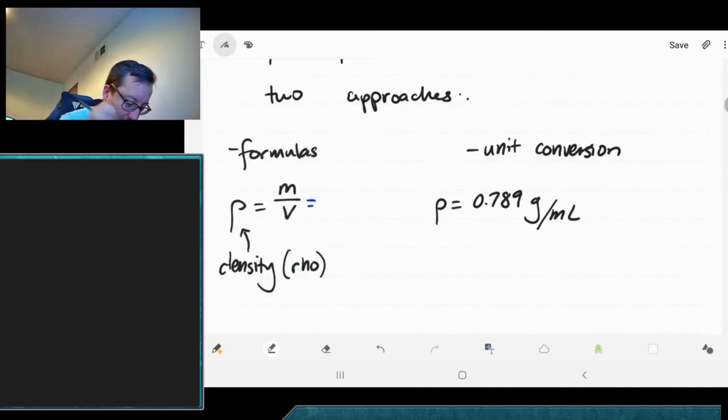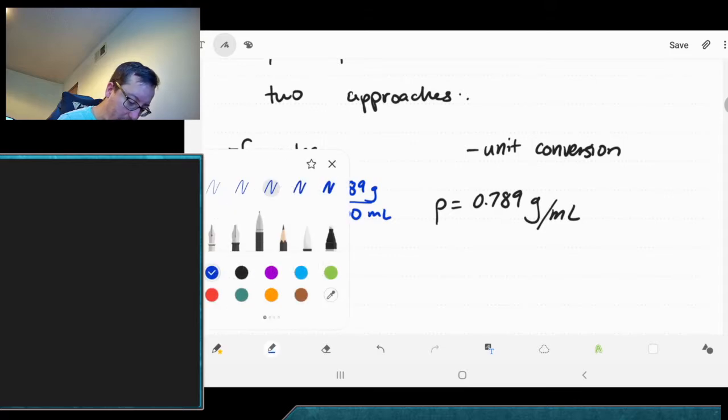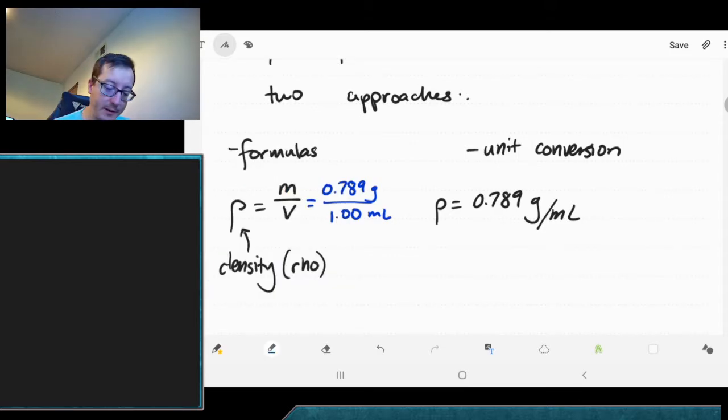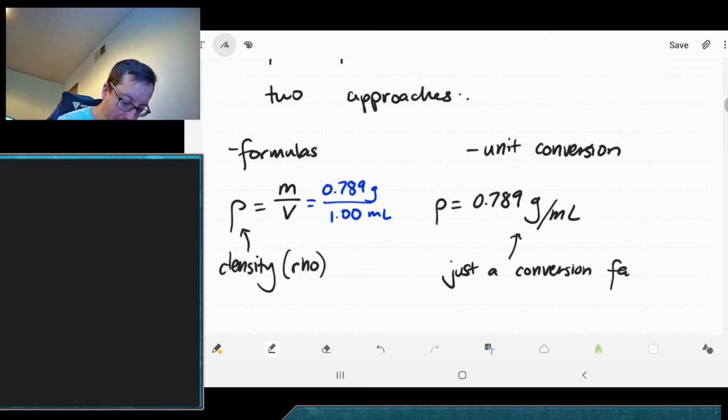So let's say if we were to do this formula, we got 0.789 grams over 1 mL or something. We could solve that and get our density, and that's the number we get, right? But another way to look at it is to say, well, this is really just a conversion factor. And we can use these things as conversion factors, or we can use them as formulas.